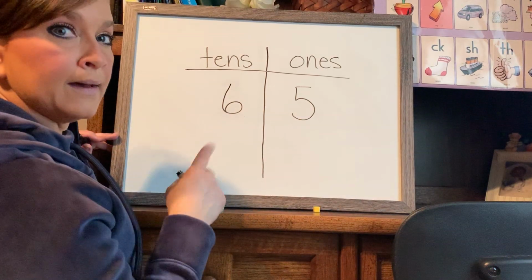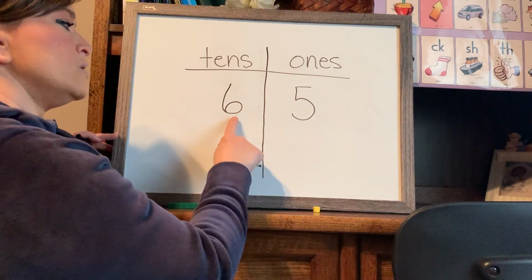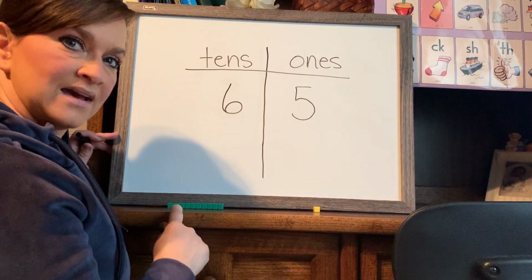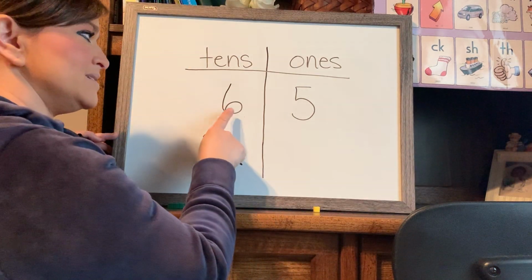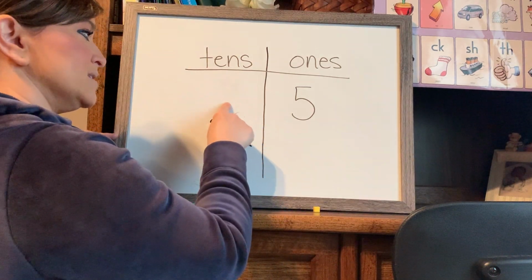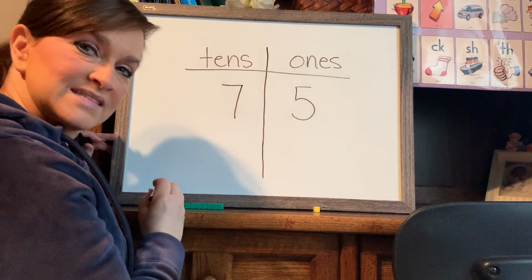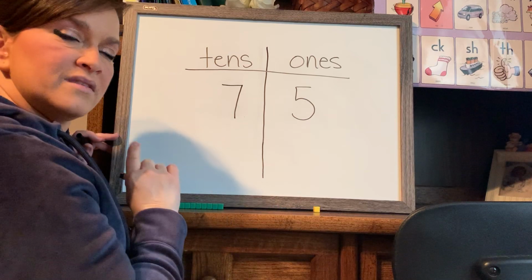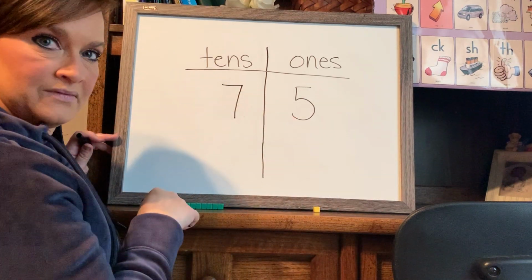Okay, so if I add another 10, if I make it 10 more, what would happen to my 65? The number in the tens place, this one just gets bigger. So the 6 moves to a 7. So 10 more than 65 is 75.